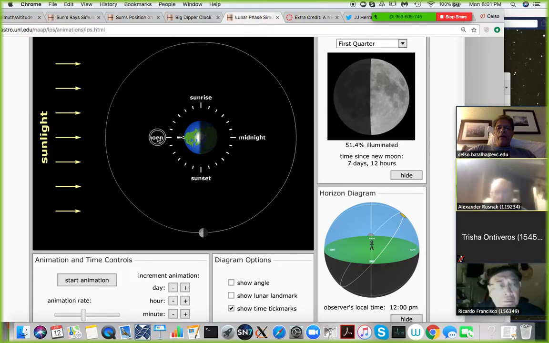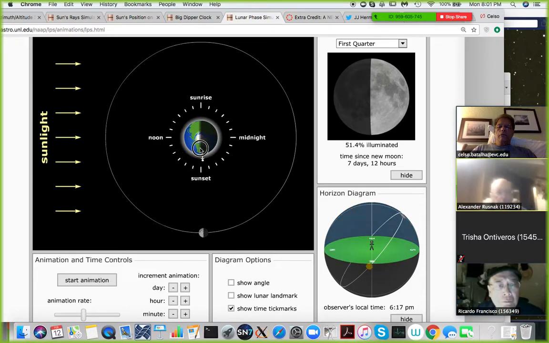Now, if Earth rotates to sunset, the phase doesn't change. It's still first quarter. But now, the sun is setting, and the moon is high up in the sky. Look at that. The moon is high up in the sky.